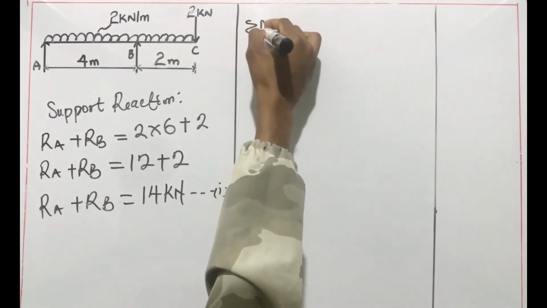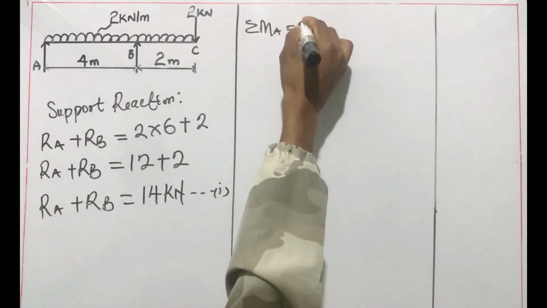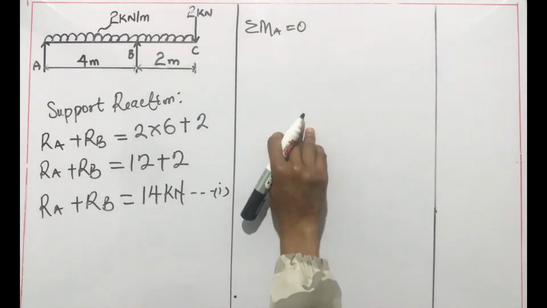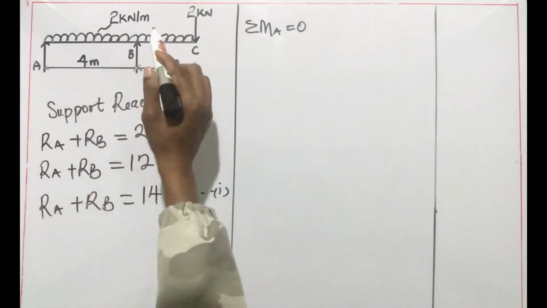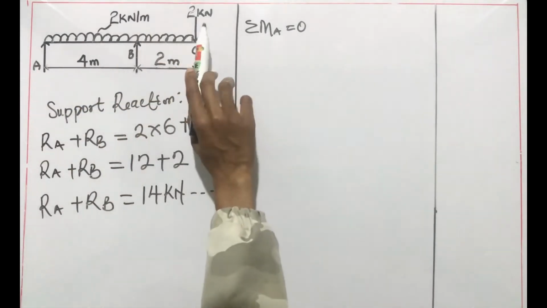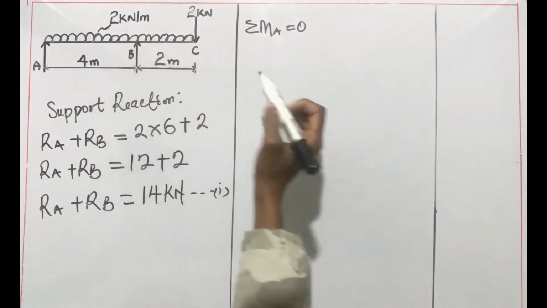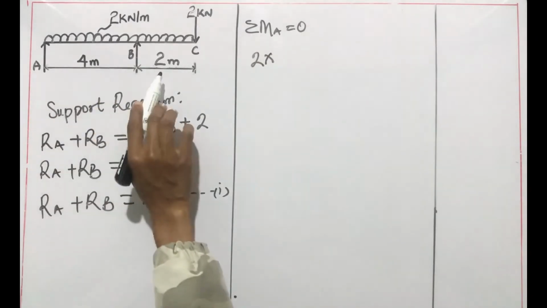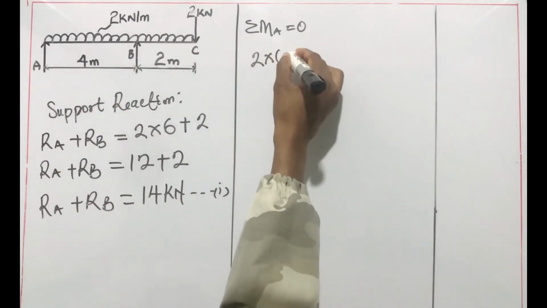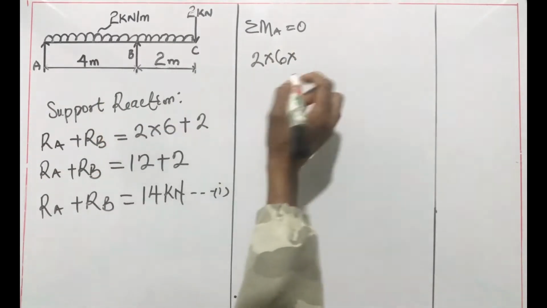So we're going to take moments about A in order to derive RB. We would not consider RA because we're taking moment about A, so we're left with 3 forces to consider.